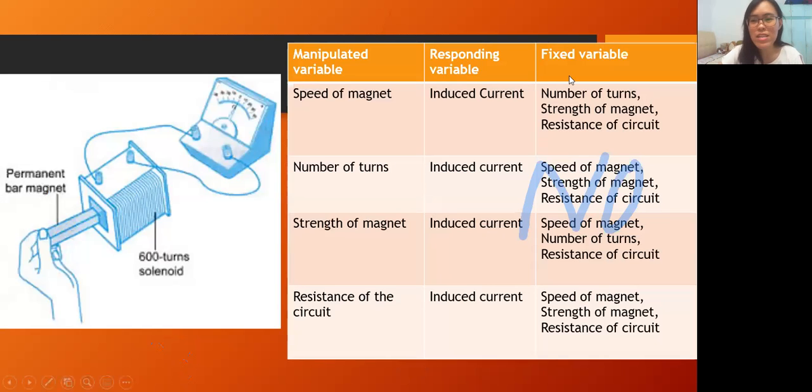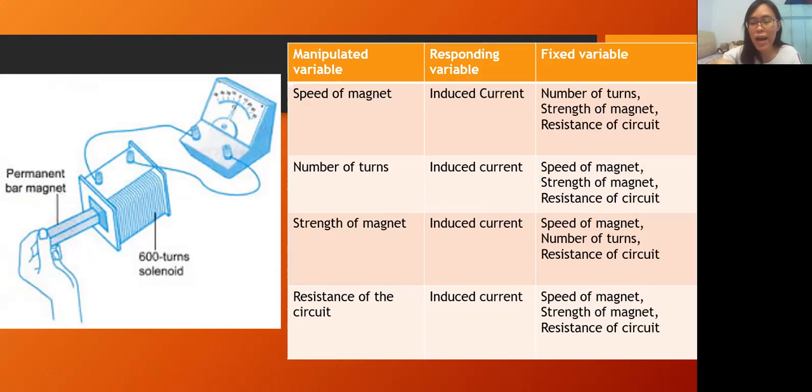So if an experiment is about electromagnetic induction, the factors are, for example, the speed of the magnet, the number of turns, the strength of the magnet, and the resistance. The manipulated variable can be one of these, and the induced current is the responding variable.